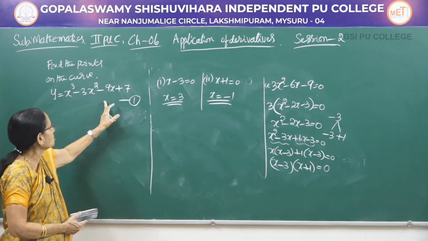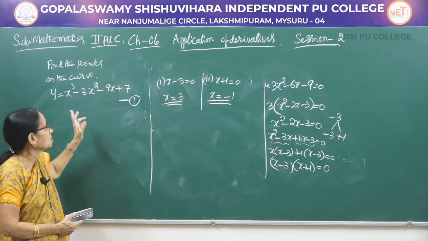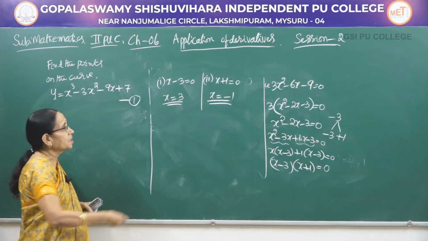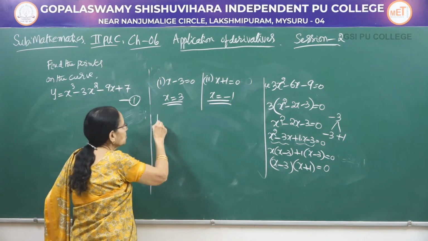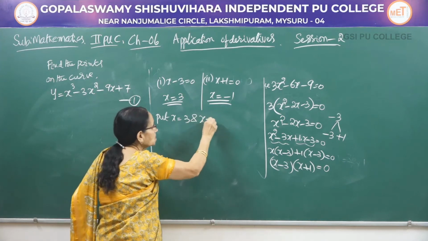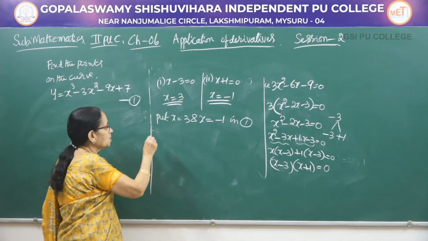When you give x equal to minus 1, we get another value of y, that is the y coordinate of that point. So, this is the given function. Substitute these values in 1, that is put x is equal to 3 and x is equal to minus 1 in 1. One by one we will do that.